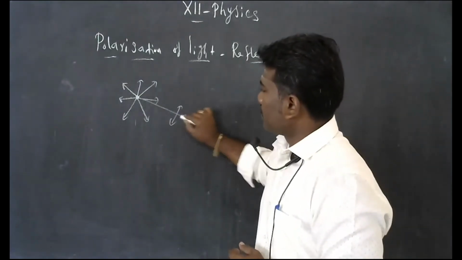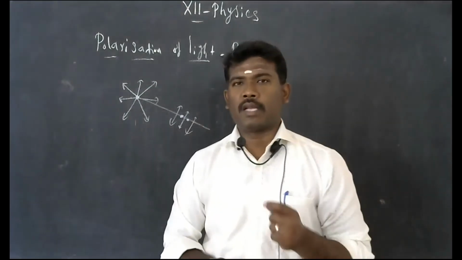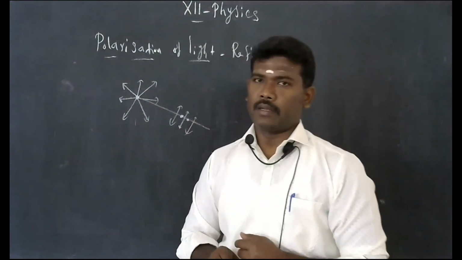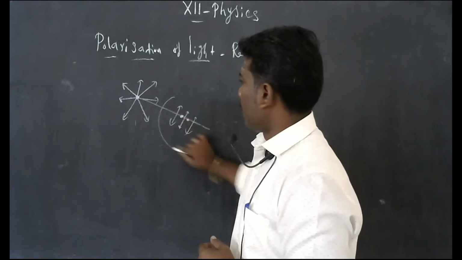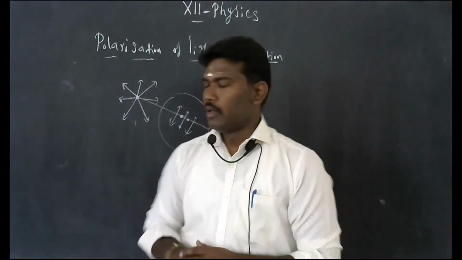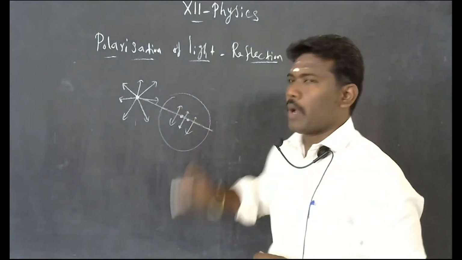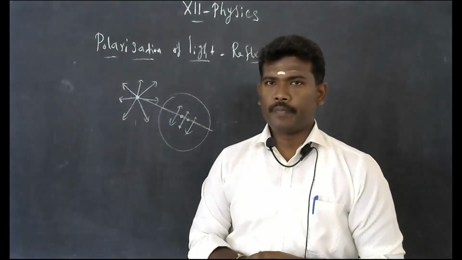In some places they mention an arrow mark. This arrow mark indicates that the vibration is not parallel to the reflecting surface. So these are the vibrations in the particular light ray, and this straight line indicates the direction of propagation of the light ray.